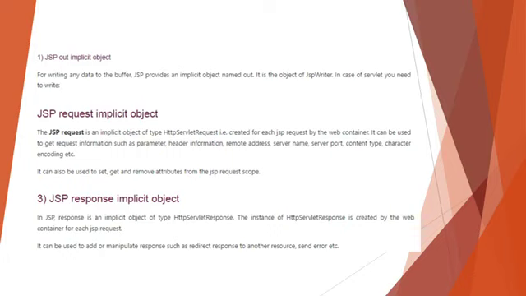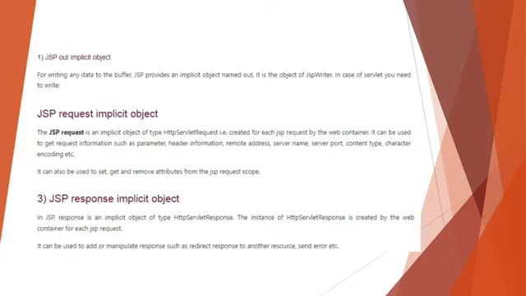For writing any data to the buffer, JSP provides an implicit object named out. It is the object of JspWriter. In case of servlet, you need to write it yourself. What does it mean? That whatever the output is in the form of servlet will be in the form of the out implicit object. Okay, so this is about the out variable.